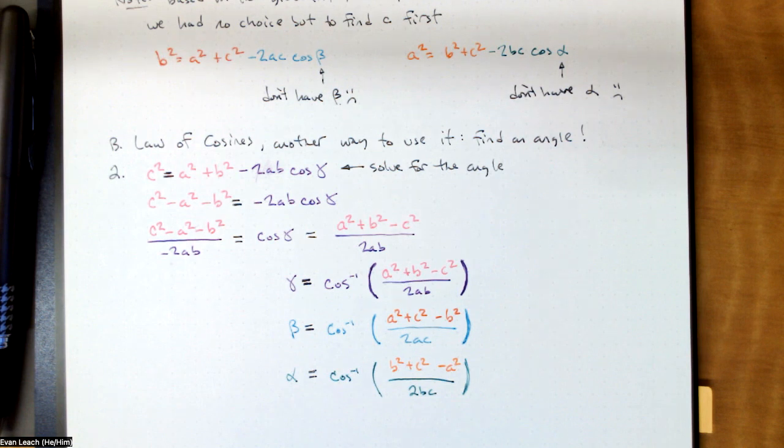Now notice that in these three, we're solving for an angle, and the information we have is all three sides. So this version of the law of cosines is for when we have all three sides, and we can use all three sides to find any of the angles.